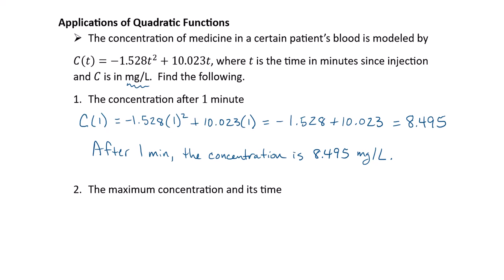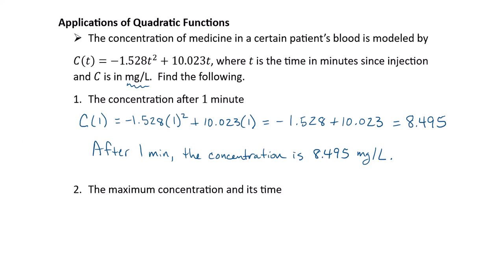But we need to focus in on one key word here, and that's the word maximum. In fact, if you notice in your quadratic function, we have a negative a, which means this is an upside down parabola, and the maximum concentration is going to be where that vertex is.